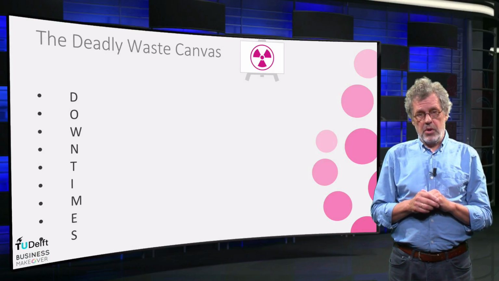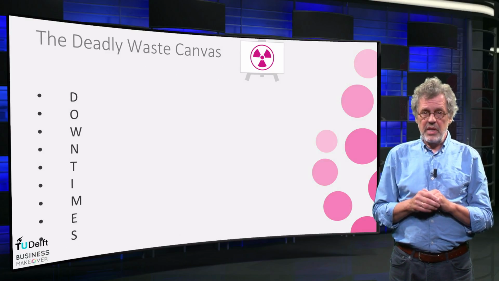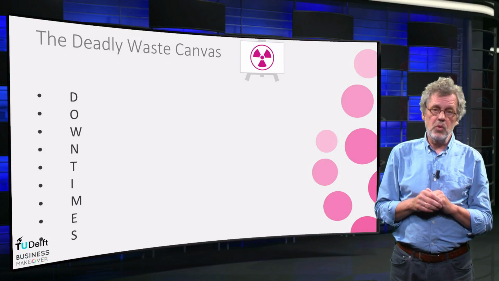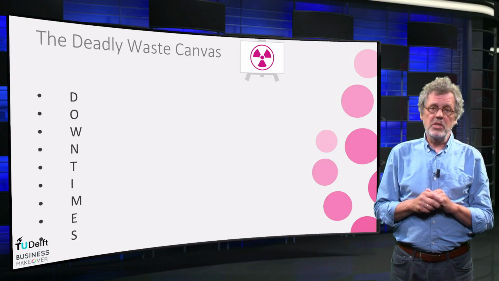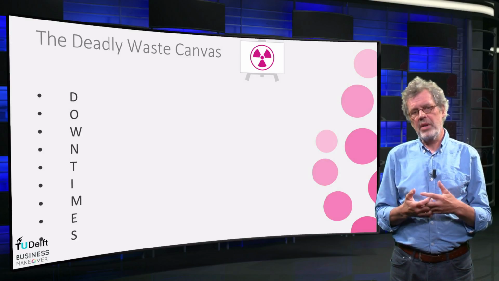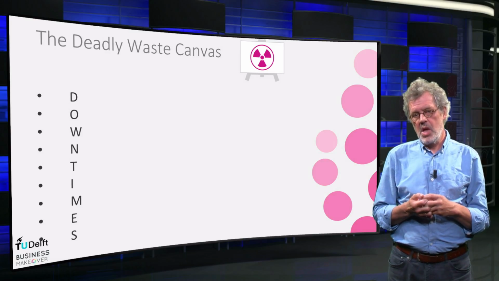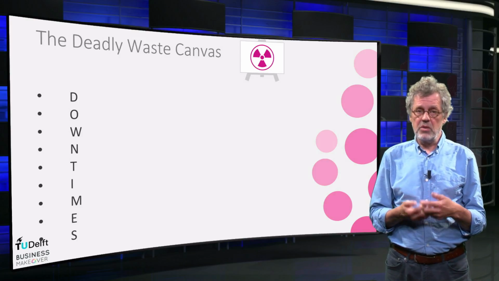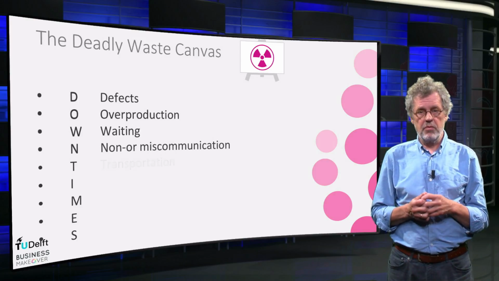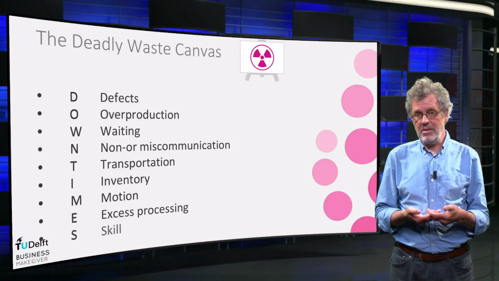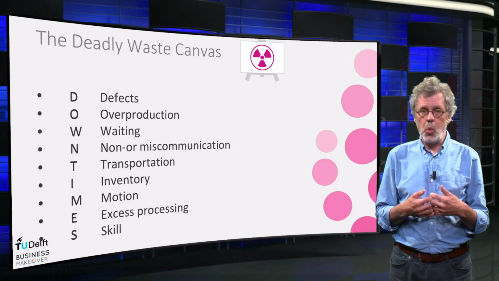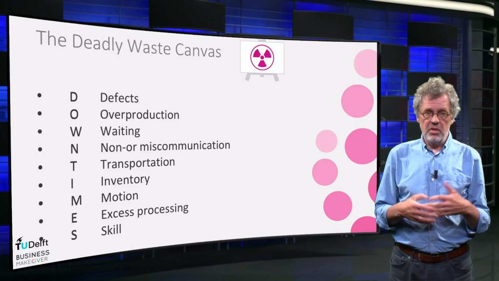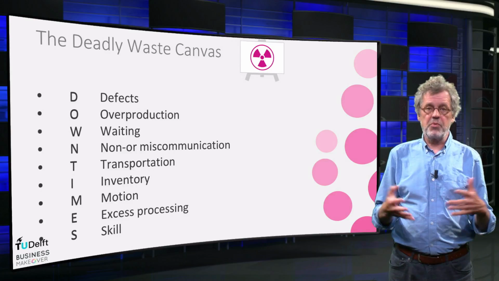A more lightweight and simple approach is the deadly waste approach, as developed within the Business Makeover EU community. The deadly waste approach is focused on the practical optimization of processes. It looks for the sources and causes of waste in your processes. Based on the acronym DOWNTIMES, the following types of waste are mentioned: defects, overproduction, waiting, non- or miscommunication, transportation, inventory, motion, excess processing and skills.